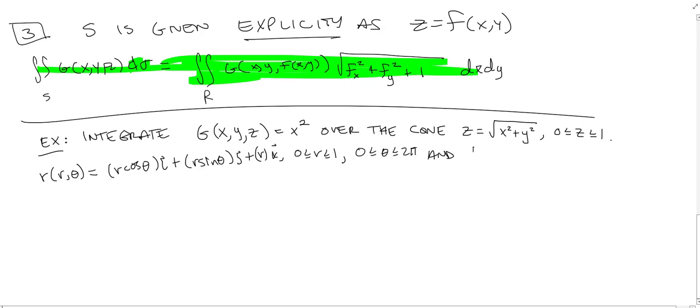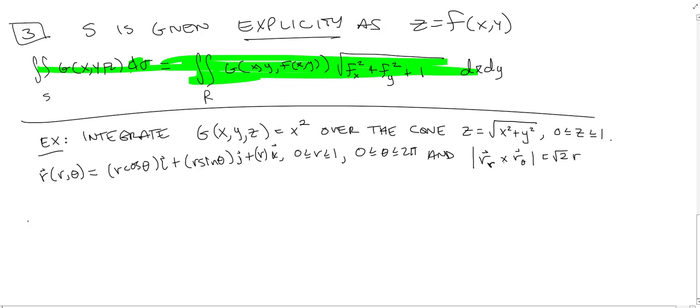And then the magnitude of the cross product of our partial derivatives, the partial derivative of r with respect to little r, crossed with the partial derivative with respect to theta, is just going to be square root 2 times r. We worked examples out about that last time, so if you want to review finding the partial derivatives, taking their cross product, and then their magnitude, you can do that.